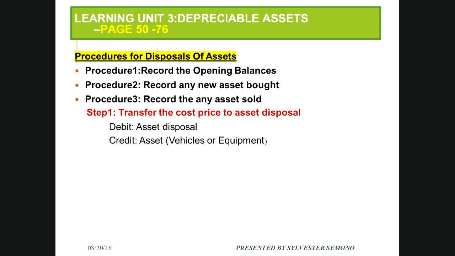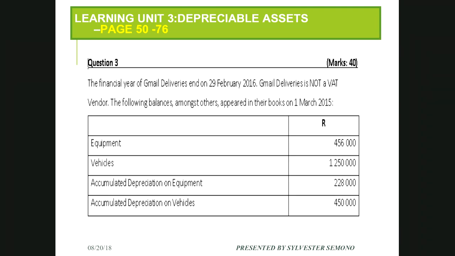Let's just look at this question, just to check. This is a previous question paper. I just extracted it from our previous question papers. Here we have a company by the name of Gmail Deliveries, and they ended their accounting period when? Can you see this? 29th of Feb 2016.